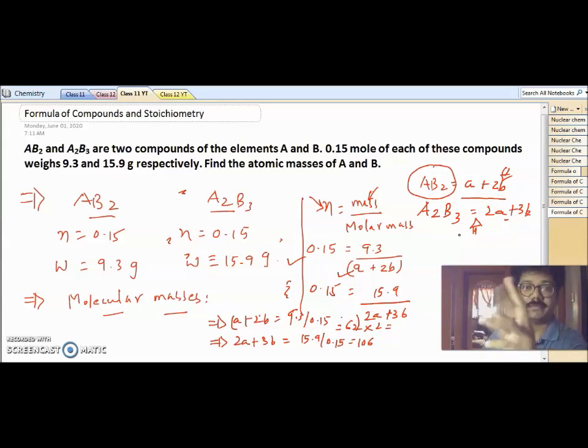With the two equations and their simplification, you get the values of A and B, the atomic masses of element A and element B. This is the way you can solve such stoichiometric calculations, finding the formula of compounds and the molecular mass or atomic mass.